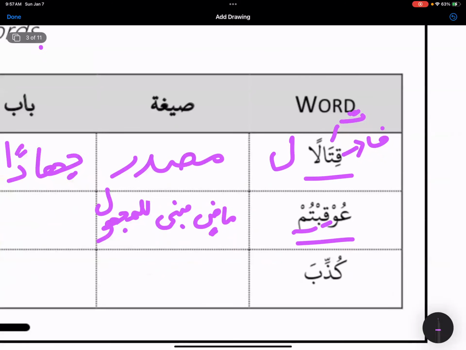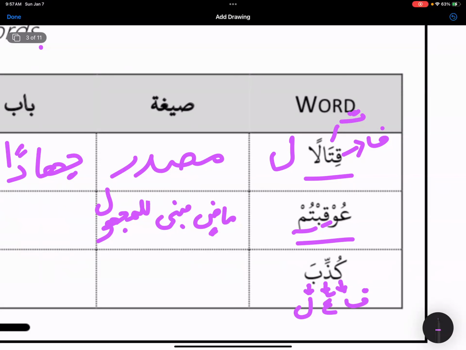Okay, now next one, kuziba. What are the root letters? Kaf, zal, ba. Okay, what is kaf? My fa kalima. Zal is my ain kalima. Ba is my lam kalima. Right? Kuzziba. What is extra? Shadda. So that means this ain has shadda.